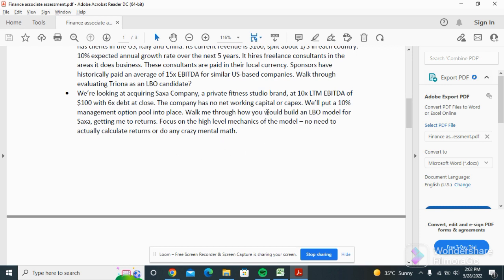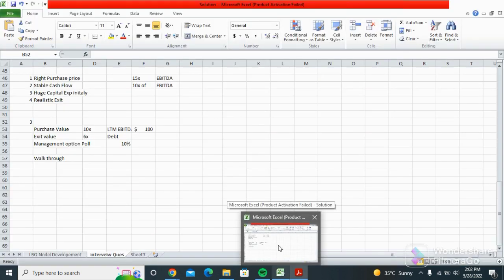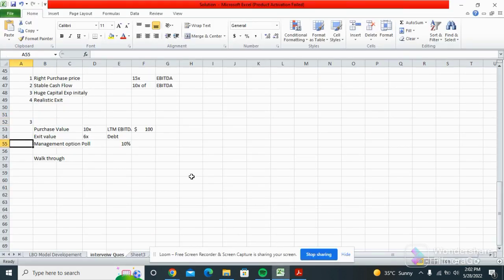There is no need for calculation or crazy mental maths. We just have to discuss the high-level mechanics of the model. So first of all, let me walk through this. The purchase price is 10 times the last 12 months earnings before interest and tax, that is $100.